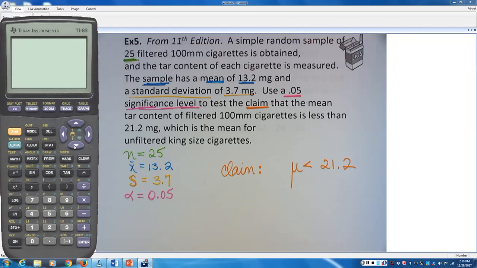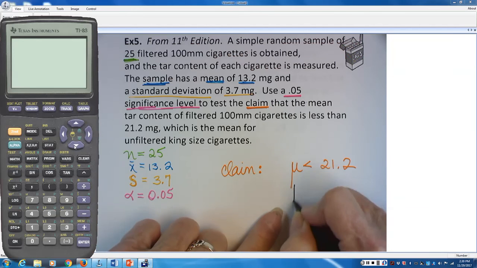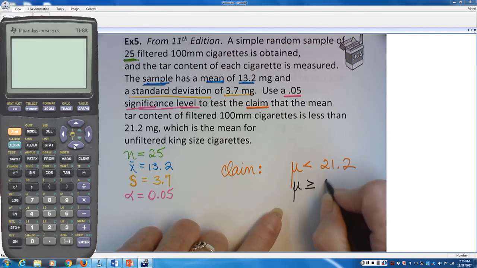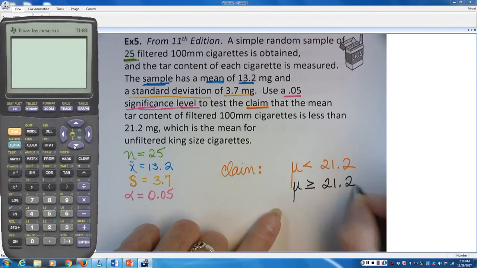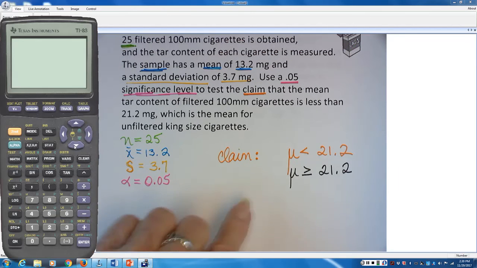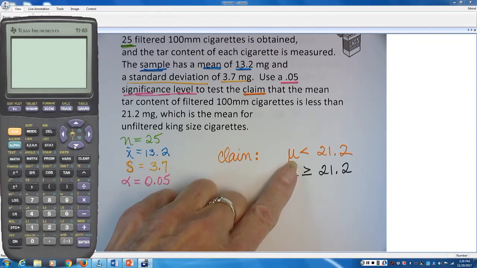So we have the claim. What is the opposite of the claim? Okay, greater than or equal to. Now, if I were guessing, I would say that this is the claim being made by the cigarette manufacturer, because too much tar is bad. It's bad for your health, therefore it should be bad for them.